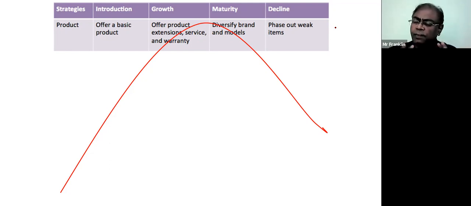Now, when you come up with a marketing plan for a service, you have to have another 3 P's, because people play a very important role. For example, all of you go to a hair salon, right?